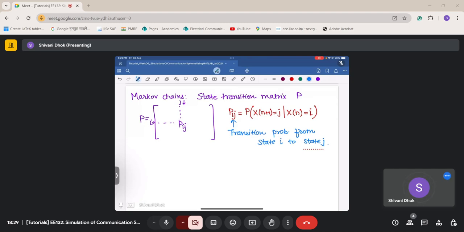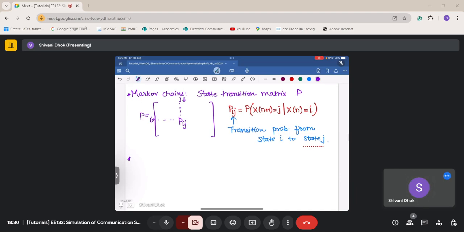Anything is okay. And another way of representing Markov chains is known as the state transition diagram.